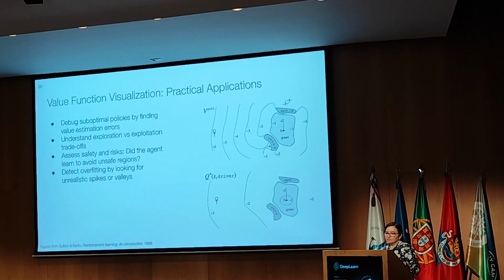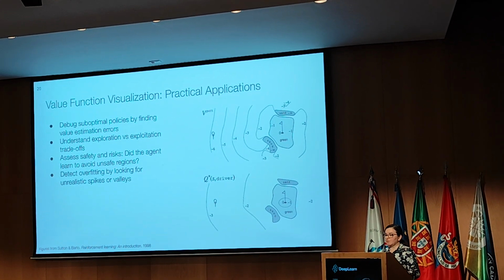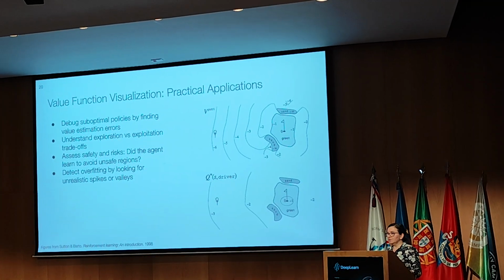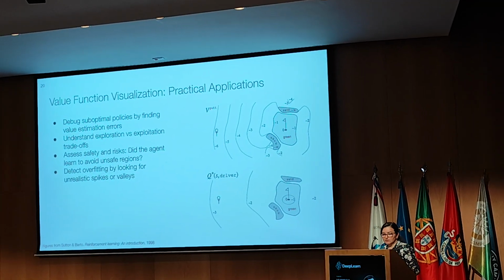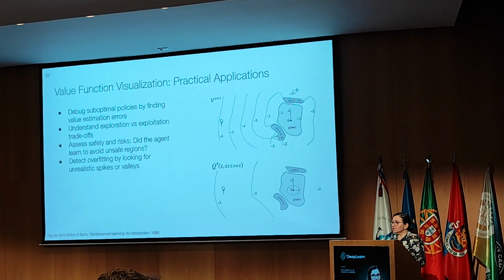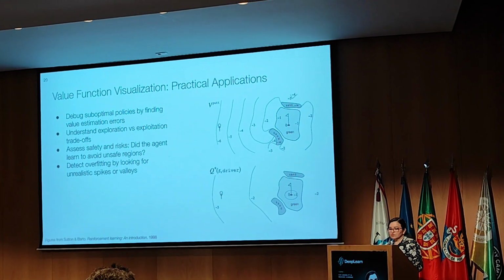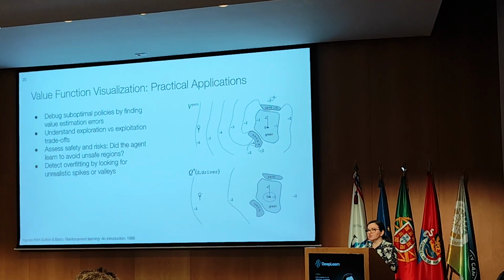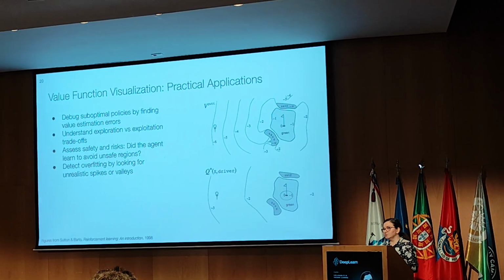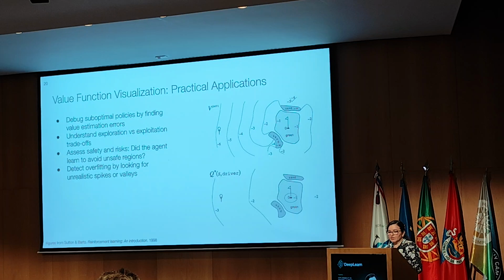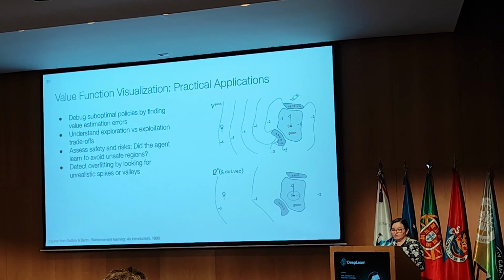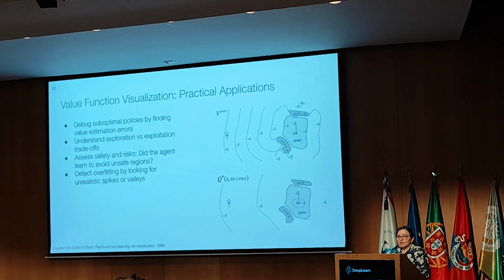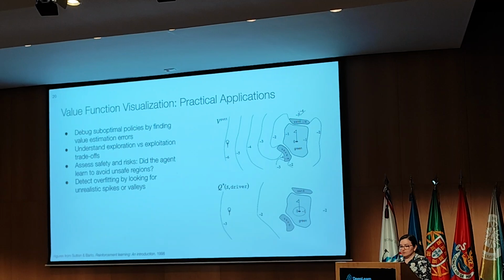So again, when it comes to this heat map visualization, you can debug suboptimal policies. We can understand exploration versus exploitation. So there's definitely the trade-off. There's always a point in between that is optimal, but we always need to try so many variables to figure that out. Then you can assess the safety and the risk.